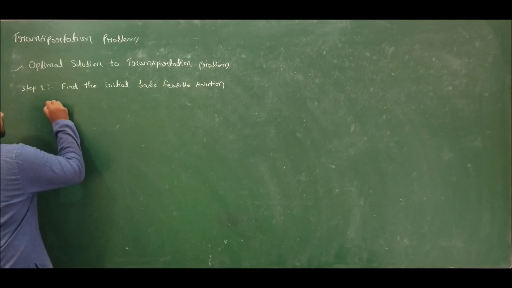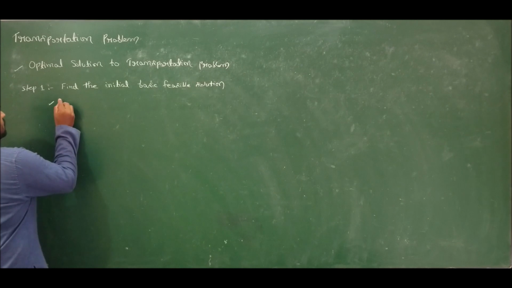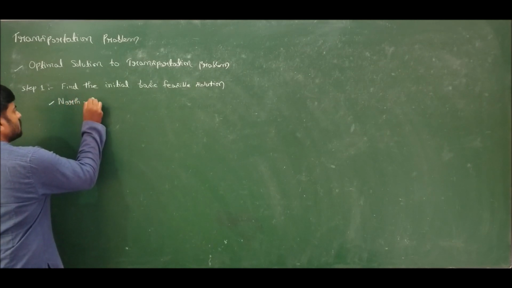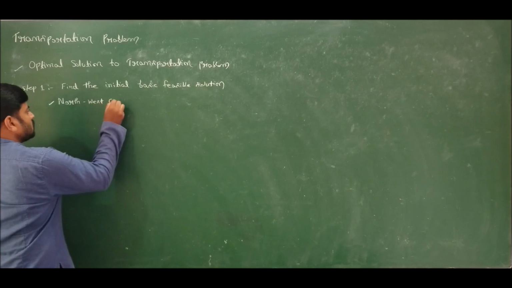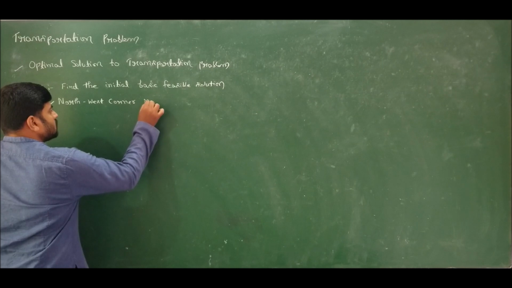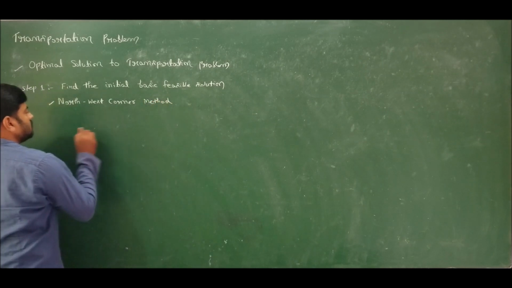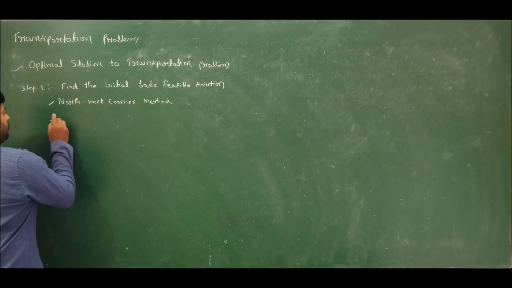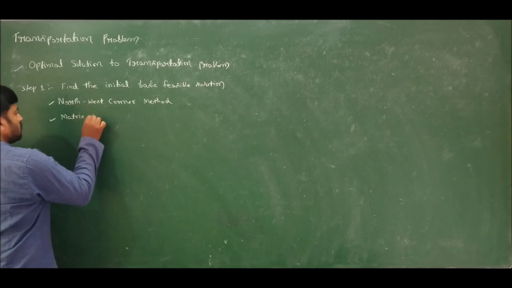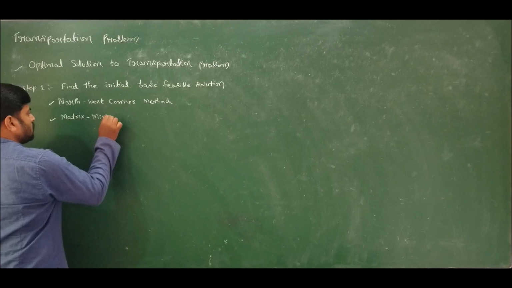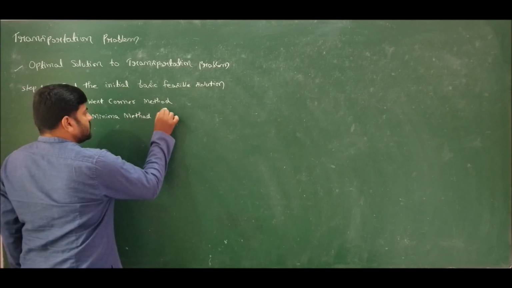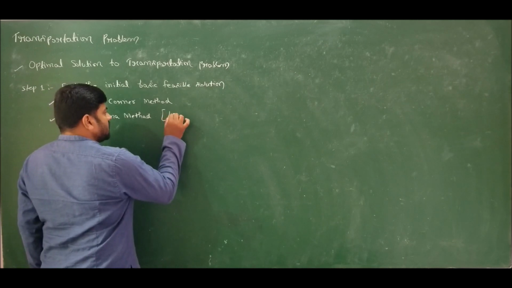The methods that I can employ to find the initial basic feasible solution are, first one is northwest corner method or northwest corner rule. Next, we have matrix minima method, which is also called least cost entry method.